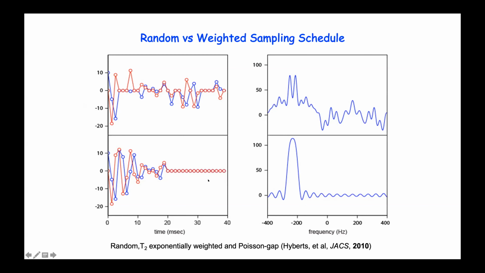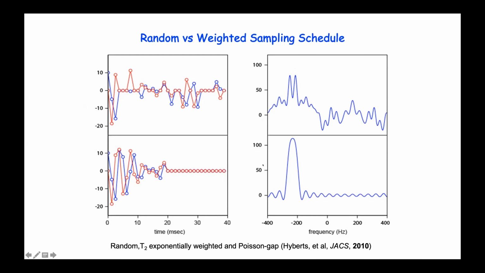For this kind of sampling, you can consider the truncation, the sinc wave, as a special NUS artifact, right? And in this case, it's more random, although it still looks symmetrical. The amplitude of the artifact is larger, but then the peak is resolved.